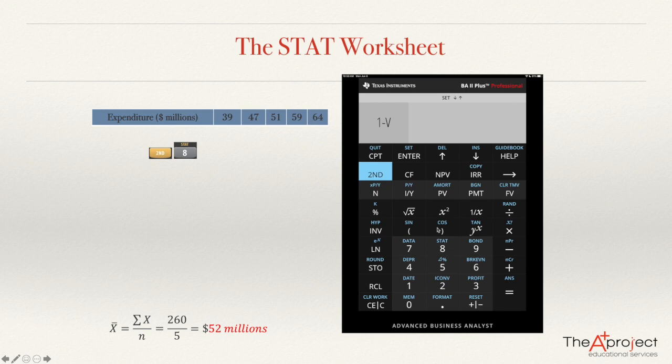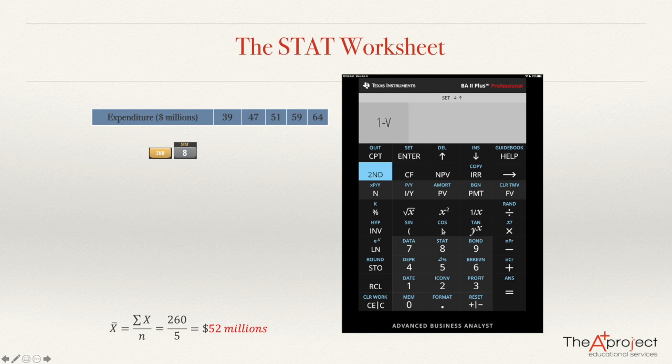Because we already set up the calculator for working with one variable, we already see that on the screen. If you don't see one variable, you will need to set up your calculator, remember, with second function SET.